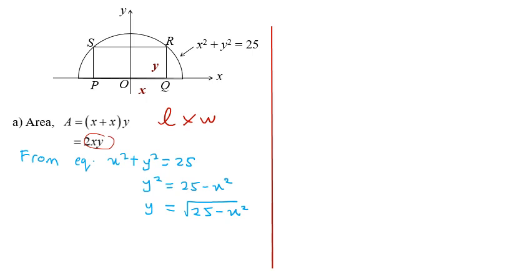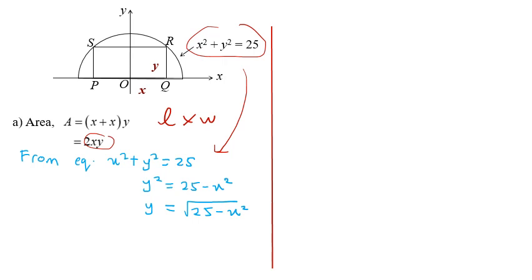So we have to change y in terms of x. In order to do this, you have to find another equation to relate y with x. That's why we use this equation of circle. So we can rewrite y in terms of x, that is y equals square root of 25 minus x squared.